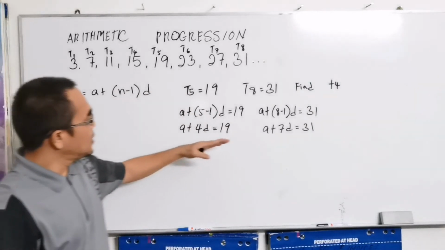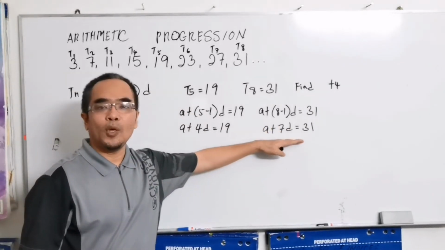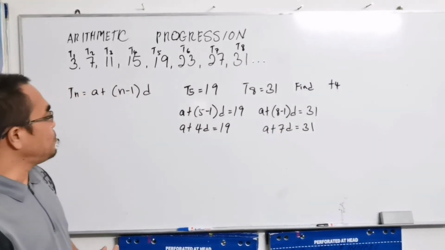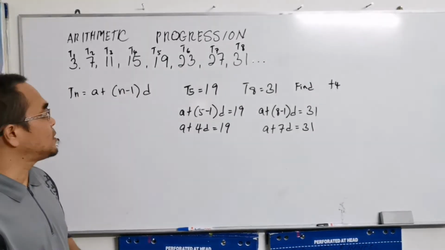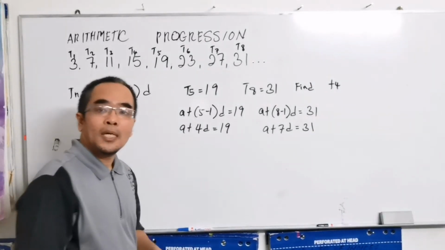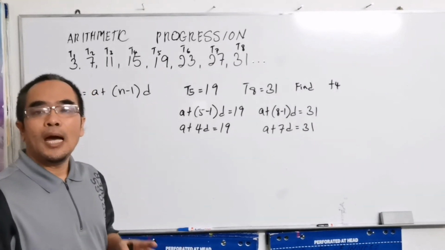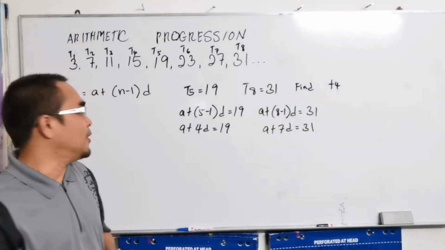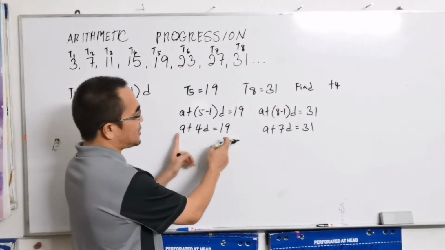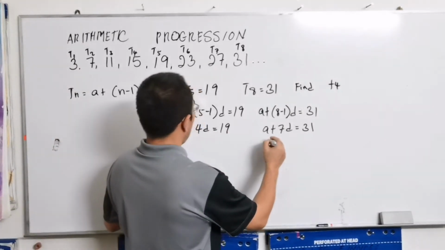So, simultaneous equations. Which way? Maybe we use the elimination method, but it's up to you. No problem. You just solve whichever way you prefer. So I will write this underneath here.